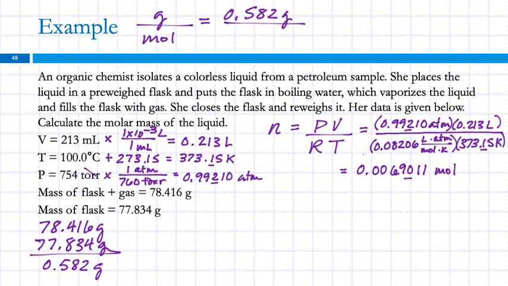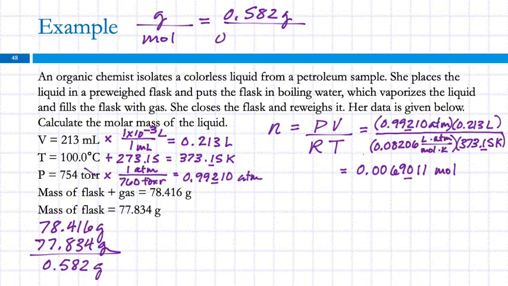At STP, which is not that different from regular atmospheric pressure, a mole of gas is 22.4 liters. That's a cube about this big, like a nice packing box. So if I have a 213 milliliter flask, can I have hundreds of moles of gas in there? No. It should be a small number.